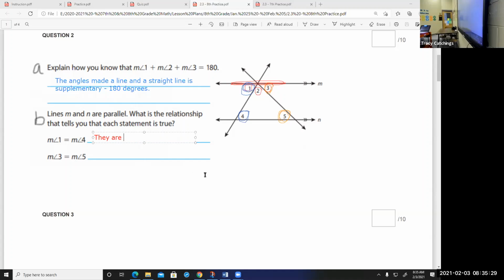They are alternate interior angles, meaning they are on the inside of the two lines, on opposite sides of the third line. Alternate interior angles are equal, have the same measure. Questions about it?